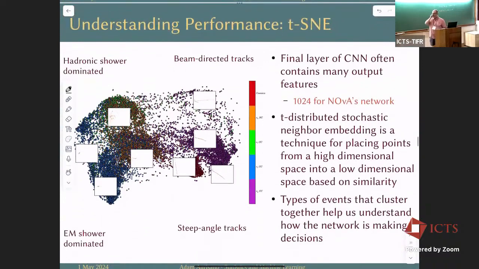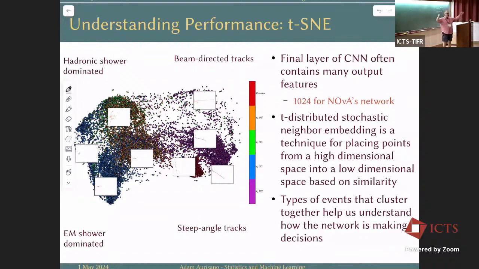You can also use different ways to probe the behavior. Like with decision trees, you could actually inspect an individual decision tree. You can't inspect neural networks in general, especially not really deep ones. But you can use something like t-SNE, the t-distributed stochastic neighbor embedding. This is a technique for taking the final layer of your network, which may be very high dimensional. In NOVA's case, it's a 1024 dimensional output.